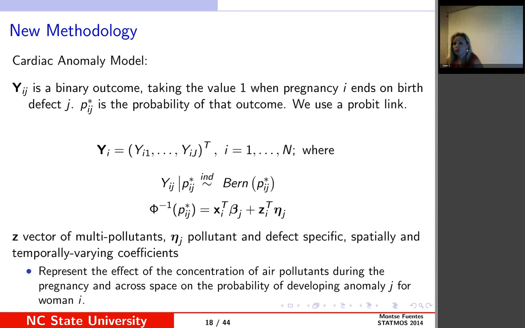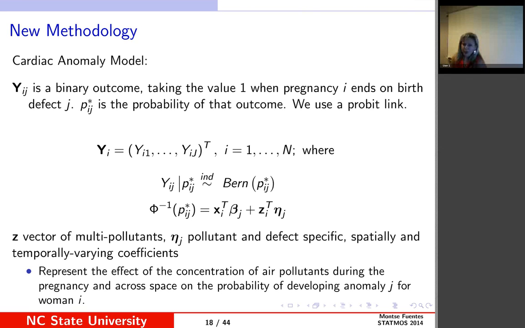So this would be a Bernoulli, so p would be the probability that a pregnancy ends in that particular birth defect. What we are working with here is a probit model, so Phi would be the CDF of a standard normal.